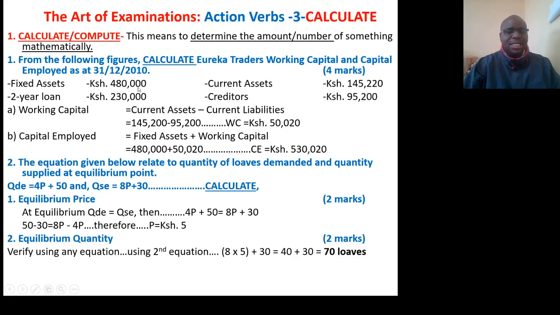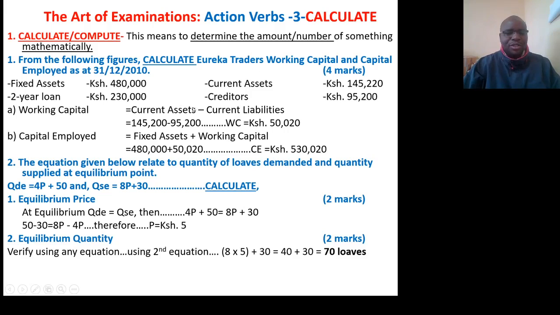So, fixed assets are 480,000 shillings. 2-year loan is 230,000 shillings. Current assets are 145,220. Creditors 95,200.